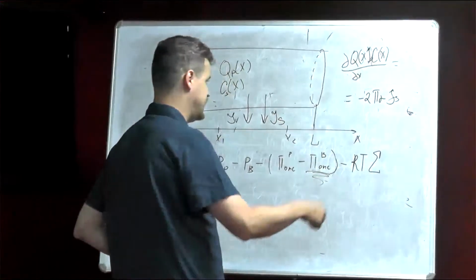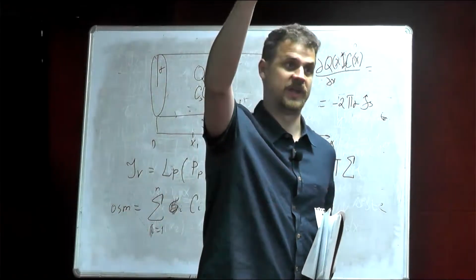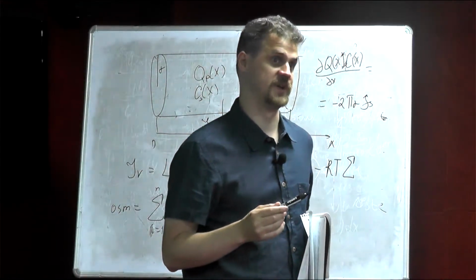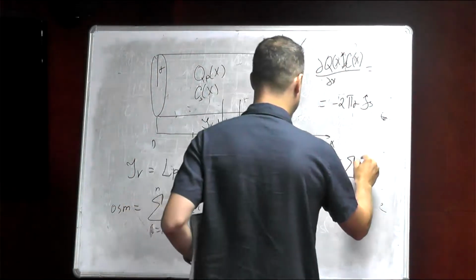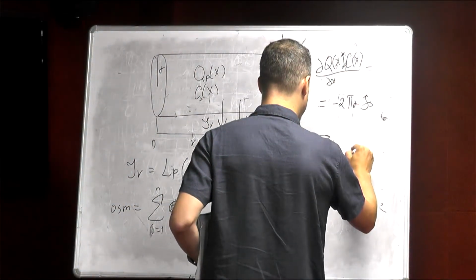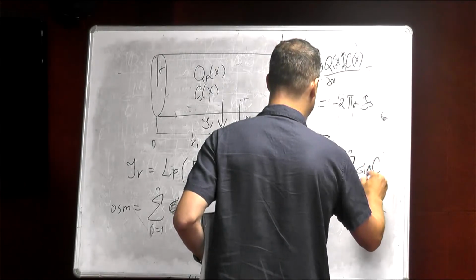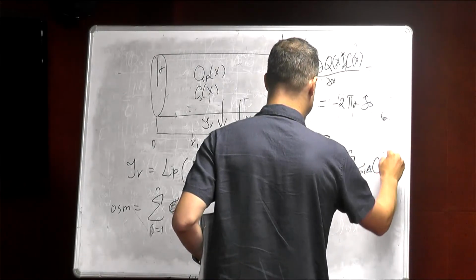In our case, it's plasma or blood. Yeah. But here we have to take into consideration the difference of osmolalities between the plasma and the Bowman space. So basically, we have to estimate the difference of concentrations of that solute.